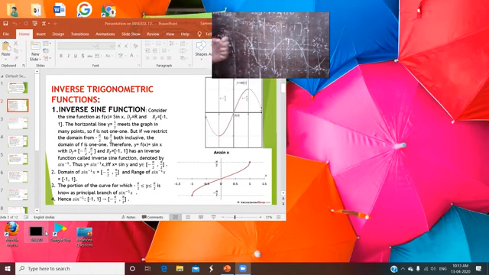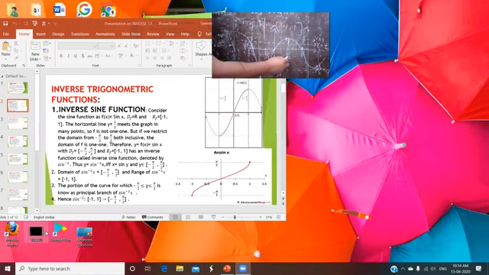But if we restrict its domain, it becomes 1-1 and the function is invertible. So in that case, think about the graph. Take the region from minus pi by 2 to pi by 2, which is close to the origin.